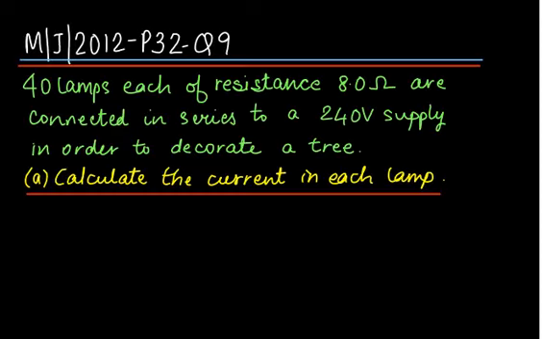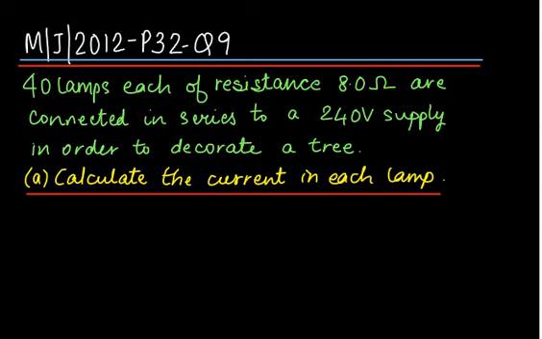Okay, so this is the question. This question is exactly the same question that appears in the May June 2012 paper 3-2, question number 9. I have just rewritten this in ink so that I can solve it and explain it to you in a better way. The question says 40 lamps, each of resistance 8 ohms, are connected in series.